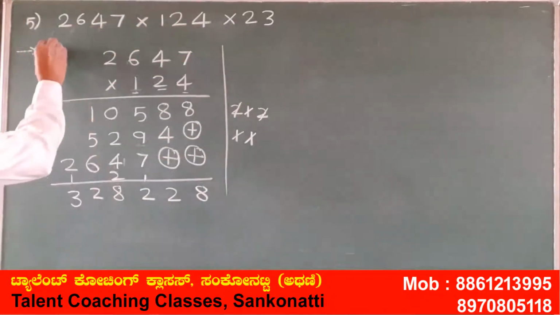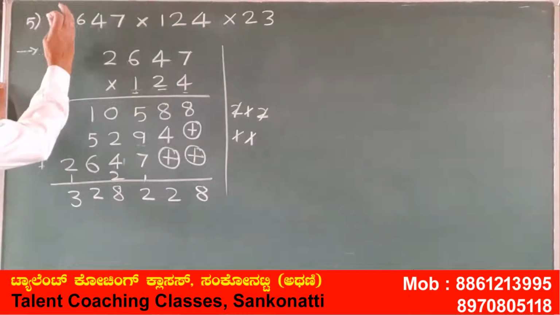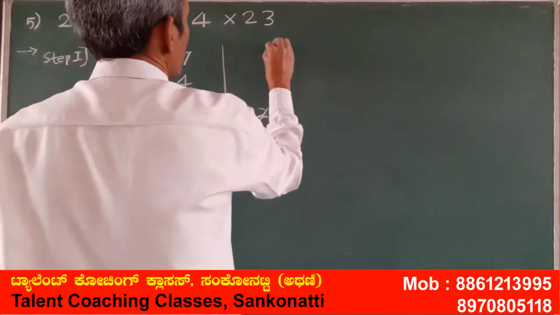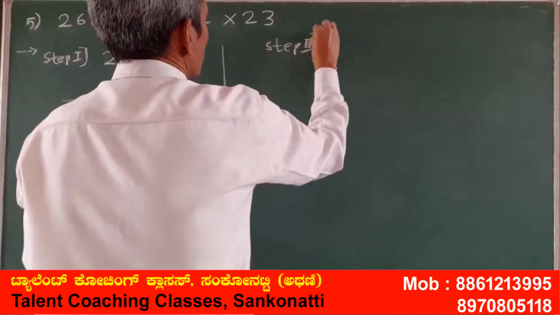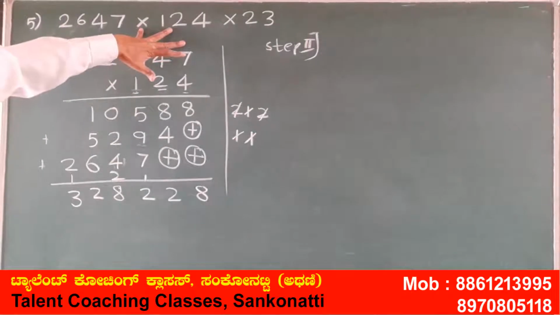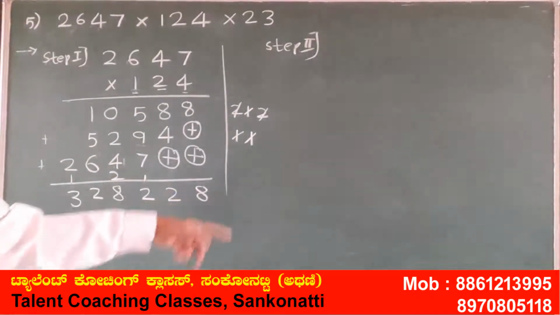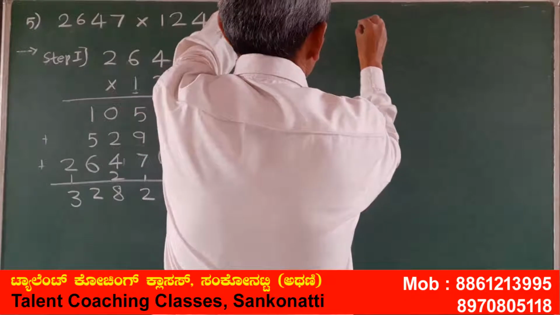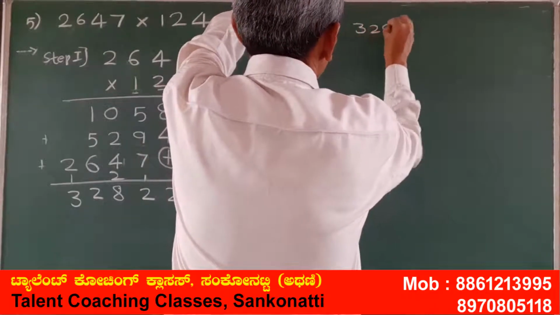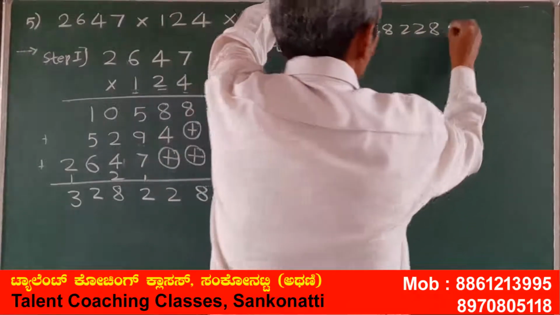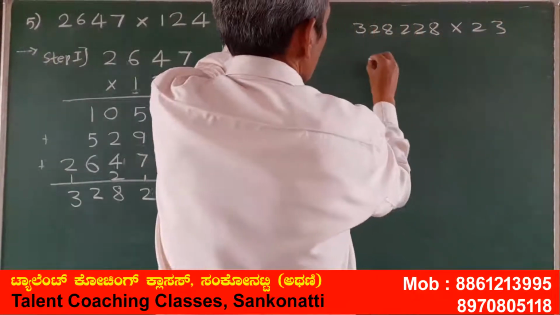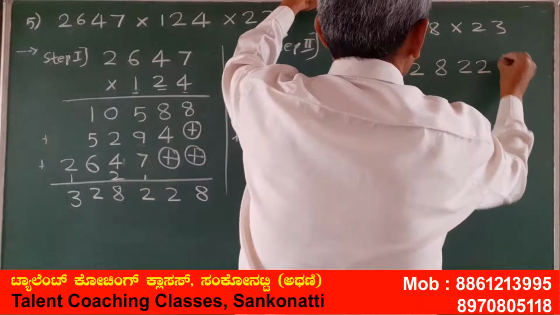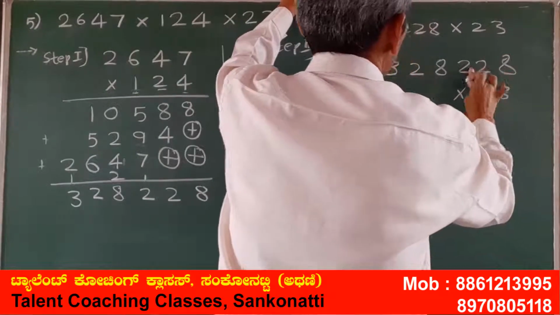Now this is step 1. And in step 2, we multiply this result, the product of these two, which is 3 2 8 2 8, by 23. Here 3 2 8 2 8 into 23.